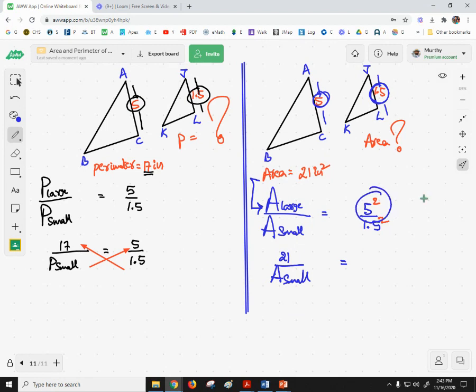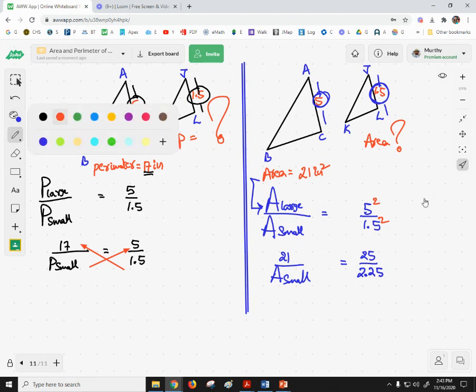Another possible mistake is that 5 square, you may take it as 10, but it is actually 5 times 5. That gives me 25, and 1.5 square, you can make use of a calculator, you'll end up with 2.25. At this point you know what to do.